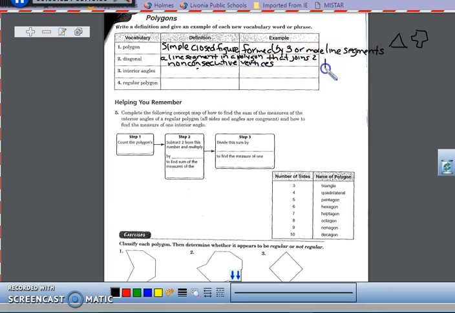Alright, so if I have a square, non-consecutive means I can't go from this corner to this corner because that's already a side of the square, so that can't be a diagonal. So the diagonal has to go from one to an opposite, so I can't go from here to here either. So I can only make one diagonal in this square.